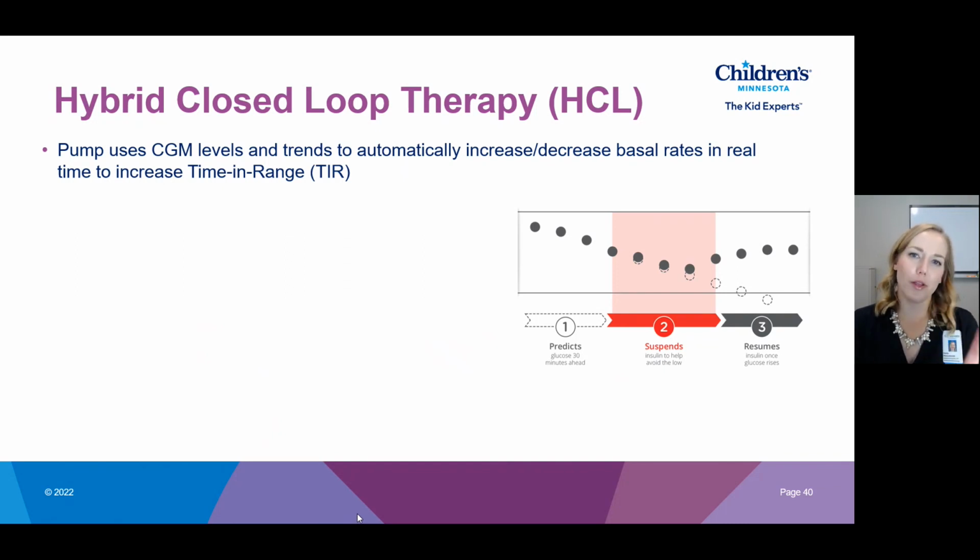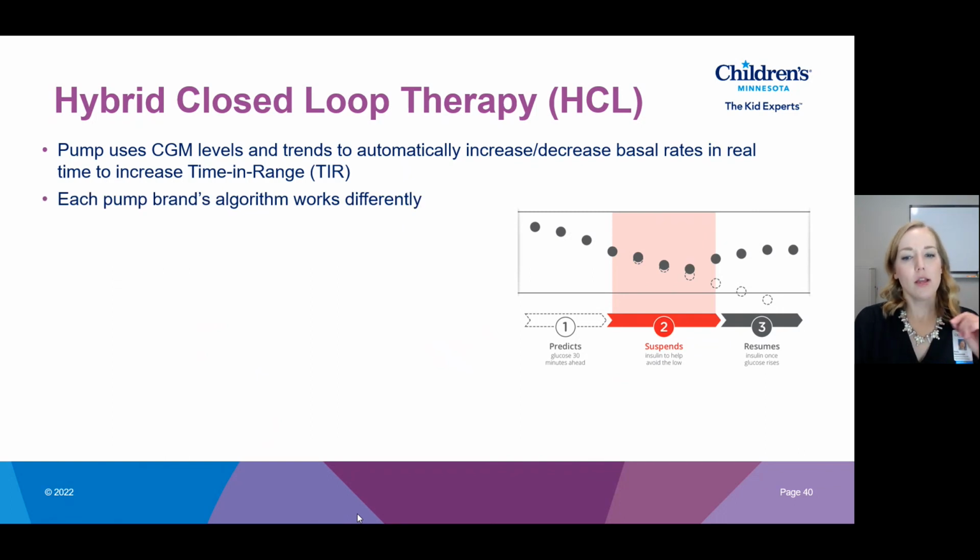So this is an example of your basic hybrid closed loop therapy. This is called suspend before low. Now, each pump also offers an algorithm that will increase insulin in addition to suspending it. And each algorithm works vastly different from the other.